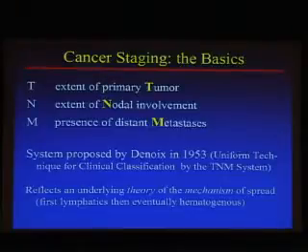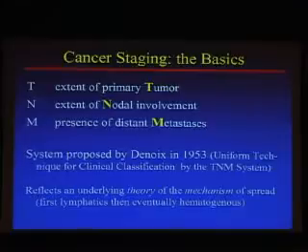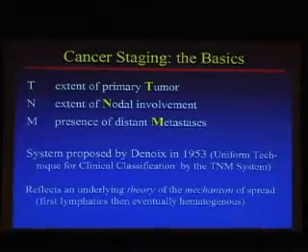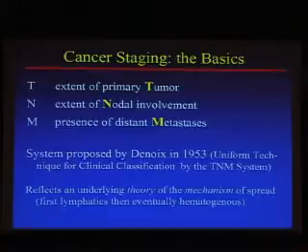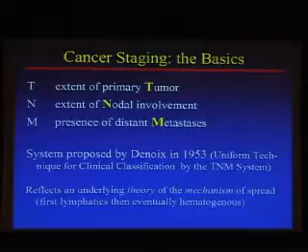One of the things about this, though, that I think is worth keeping in the back of your mind is that it does represent kind of a theory of the mechanism of spread that was prevalent at the time, that tumors spread to lymphatics and they kind of held the tumor back for a while, and that eventually it spilled into the bloodstream, and that's when you got distant metastases.